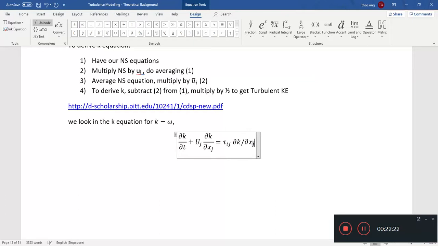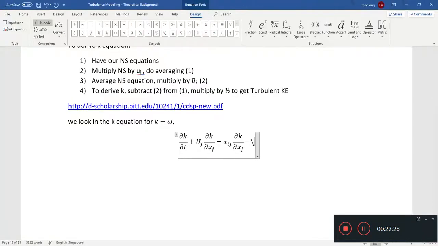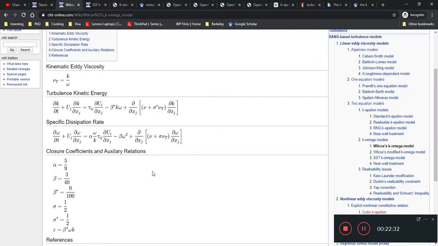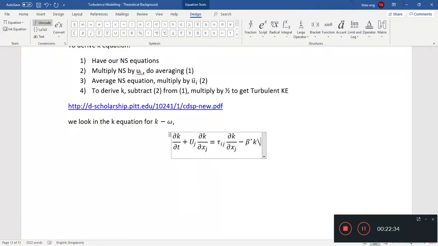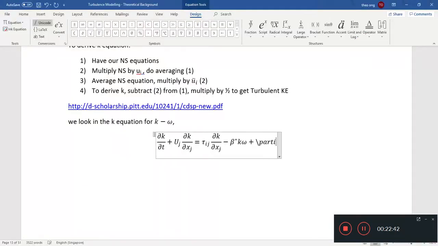Partial K partial xj, minus beta star K omega, and we plus partial by partial xj.